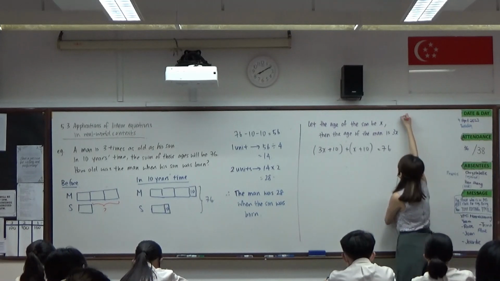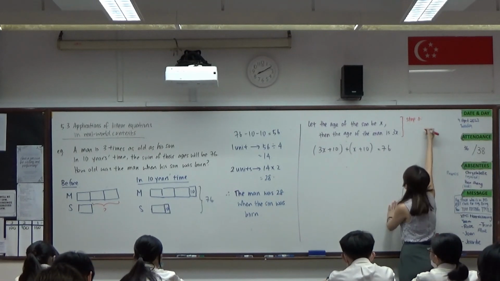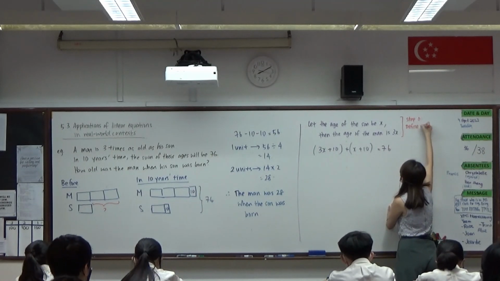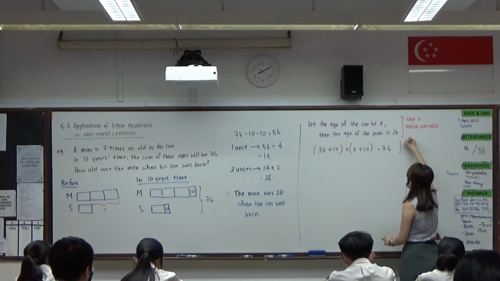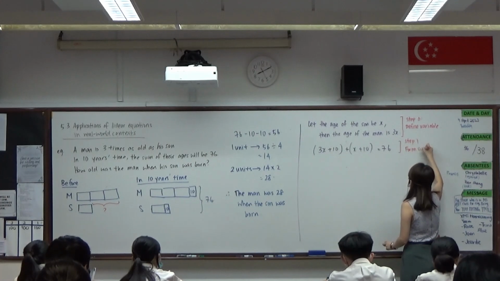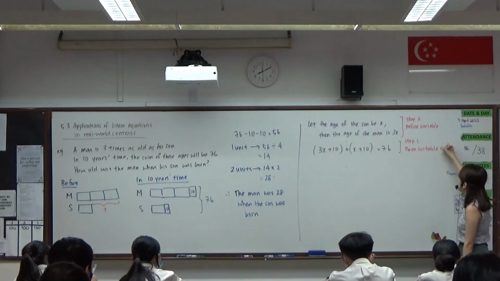Okay, so step 1 or step 0, because sometimes you don't need to do this. Step 0 is define variable. And in step 1, we form suitable equation.